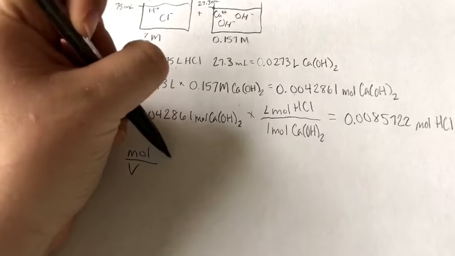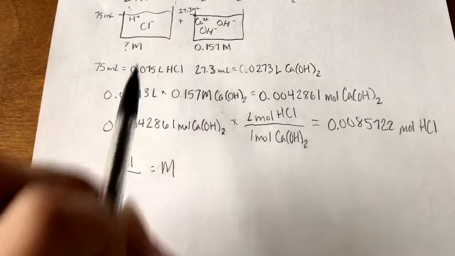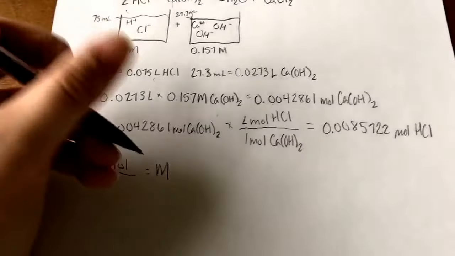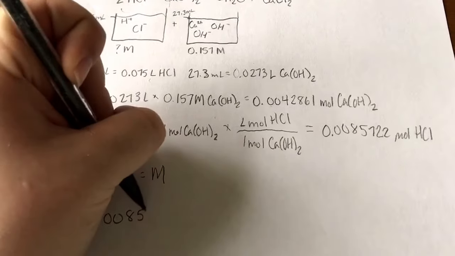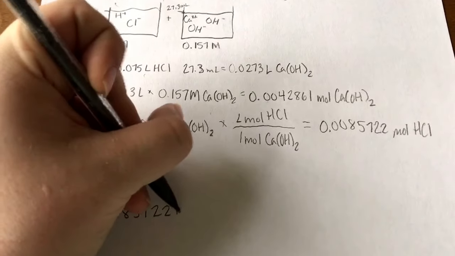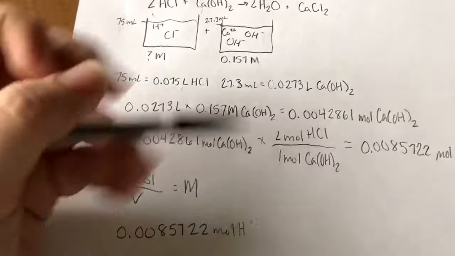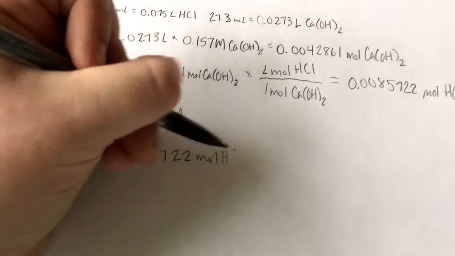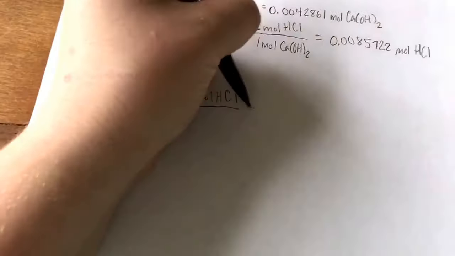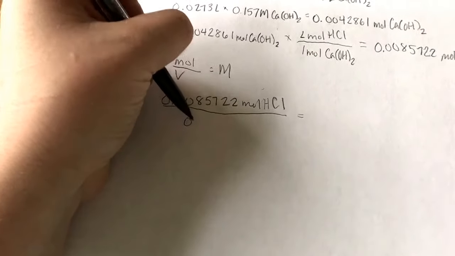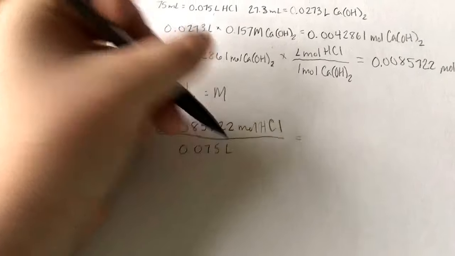So now that we have our moles of HCl and we already have our volume, moles per volume equals molarity. So we just have to plug our numbers in to get our molarity. So 0.0085722 moles of HCl over our 0.075 liters.